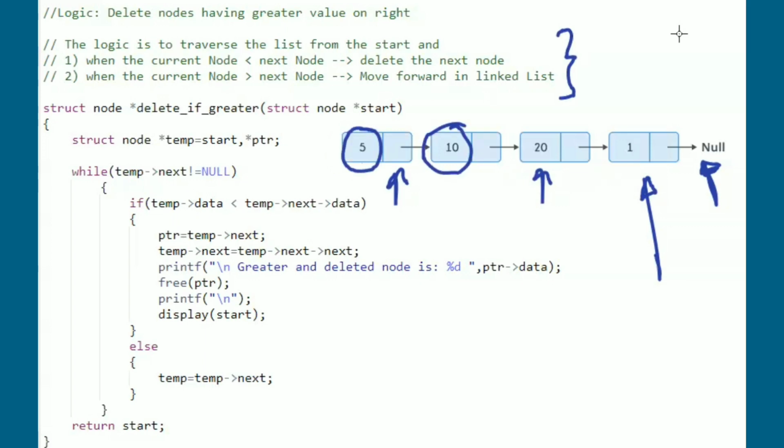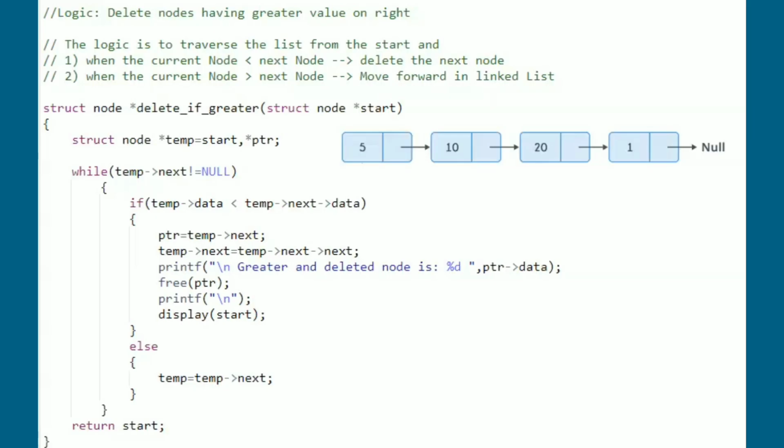If next value is greater than its current value, in that case we are going to delete this next node. And second thing is that if your current node value, suppose 20 is current and its next node is 1, in that case your current node value is greater than next node value. So we have to just move forward our pointer.